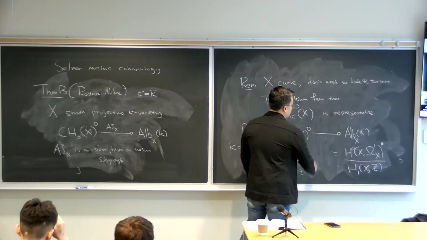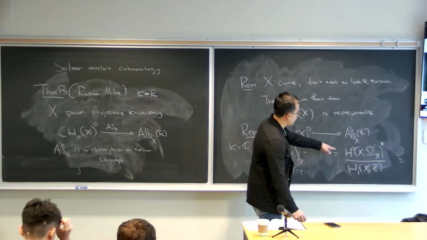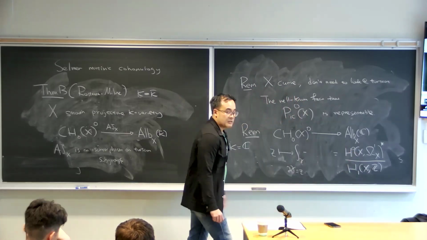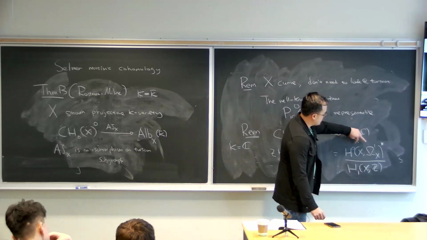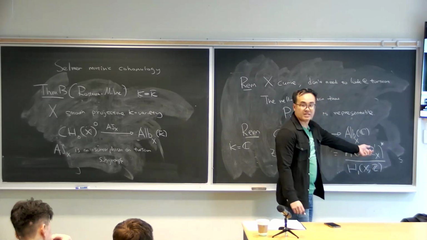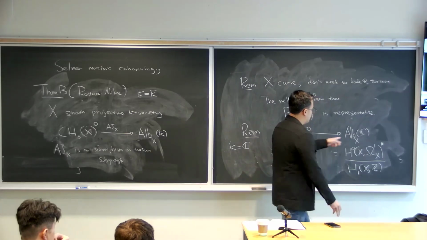So that's the map, which is very explicit and very nice. But in particular, H^0(X, Omega^1) has the same Hodge number, it's dual to H^1(X, O), right? By Hodge theory. So if the irregularity is 0, then this guy is 0.